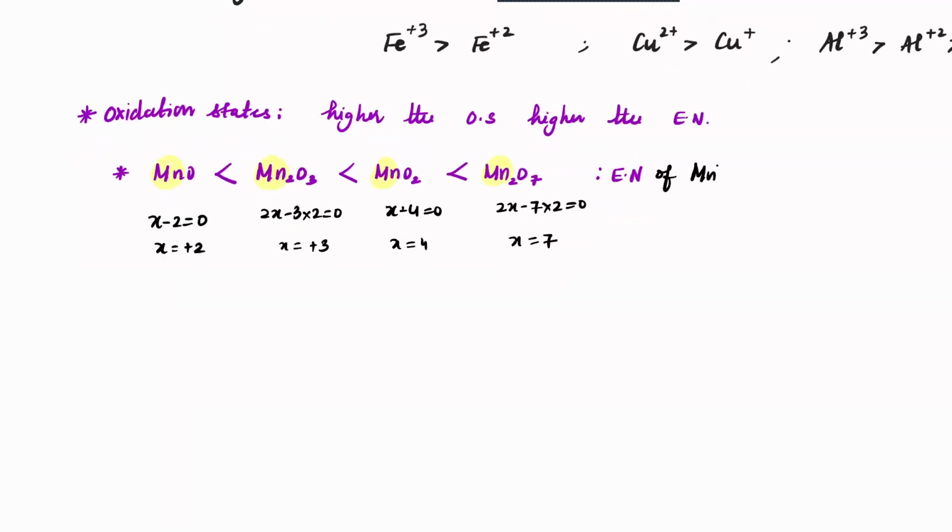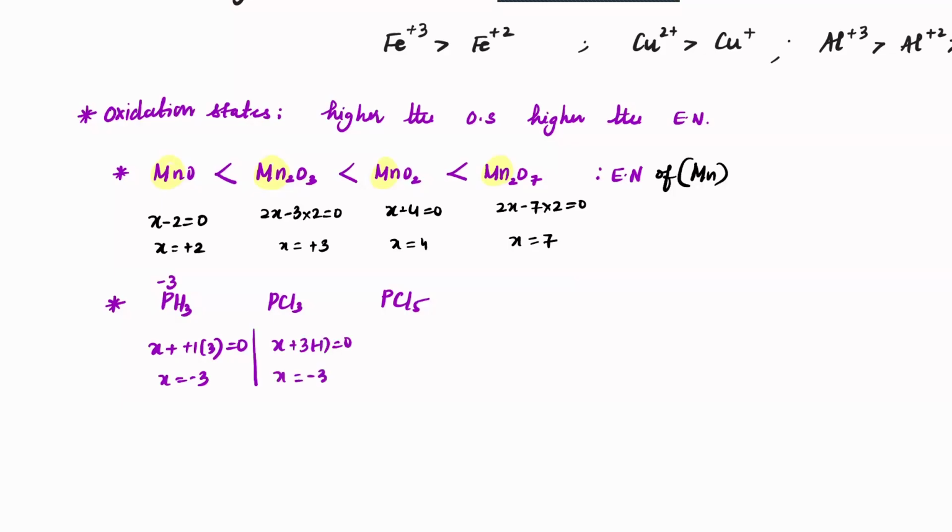Let me show another example. Suppose you have PH3, PCl3, and PCl5. Here, phosphorus has a -3 oxidation state because hydrogen is supposed to be in the +1 form. So X is equal to -3. And here X plus 3 into -1 equals 0, because chlorine is always expected to show the -1 state, so X is +3.